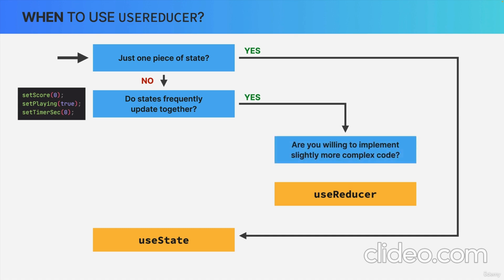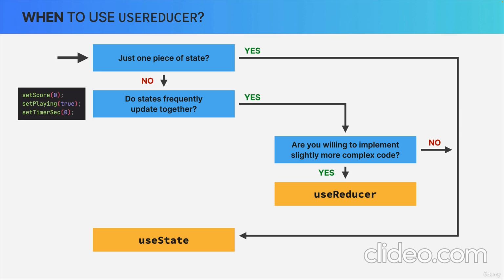Are we willing to actually write a slightly more complex useReducer hook with a reducer function? And if we are not, then we just keep using the useState hook. But if we are okay with taking the time to write a reducer, then this is definitely a good use case for useReducer. Nice, so let's keep going.